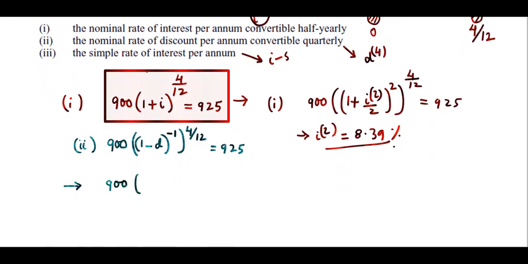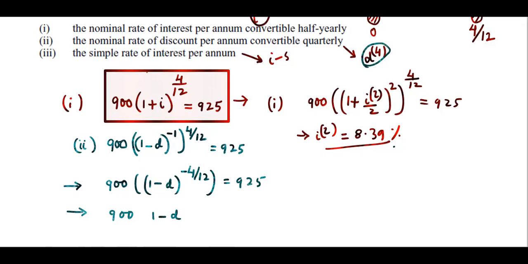Now you write here 1 minus D power minus 4 upon 12. That will be equal to 925. Then 1 minus, again, 1 minus D, there is a formula, we'll use that. 1 minus D4, because we want D4 here. 1 minus D4 by 4 power 4, power minus 4 by 12, 925.